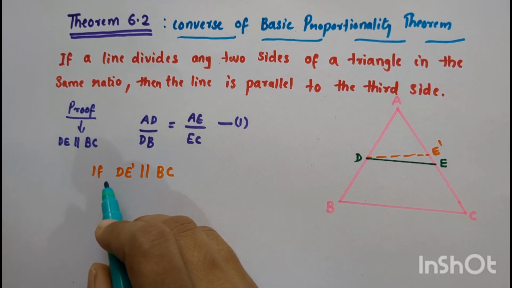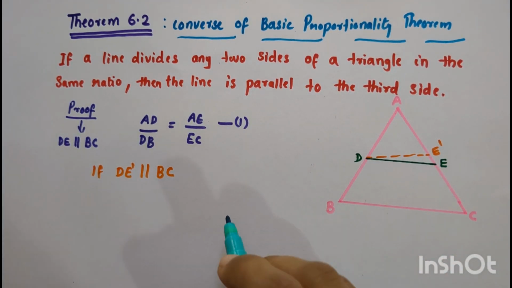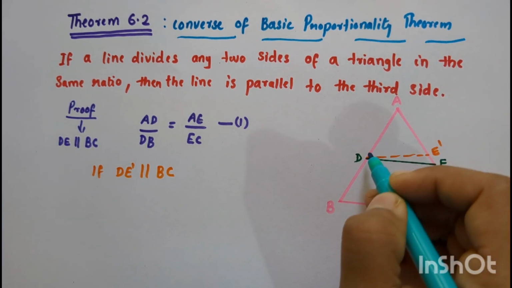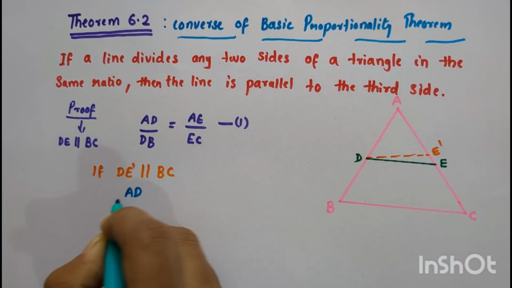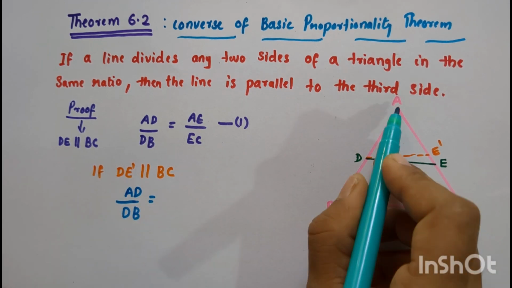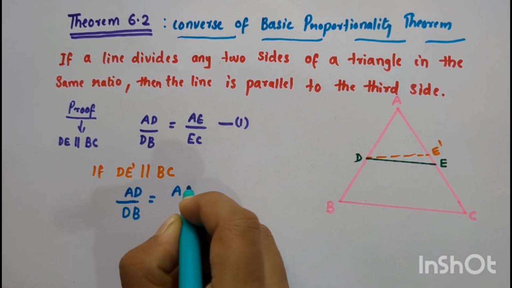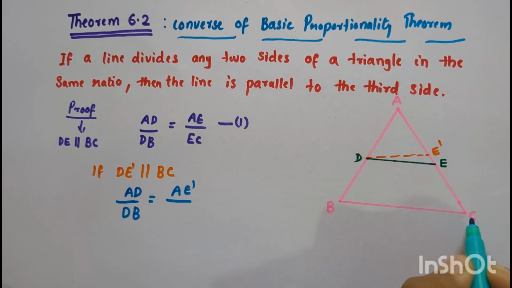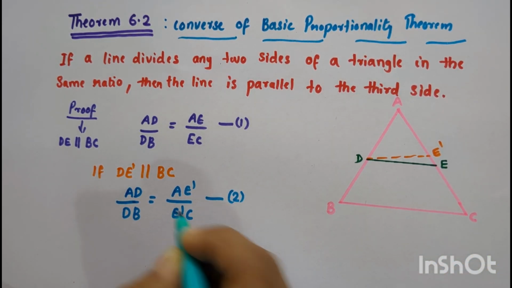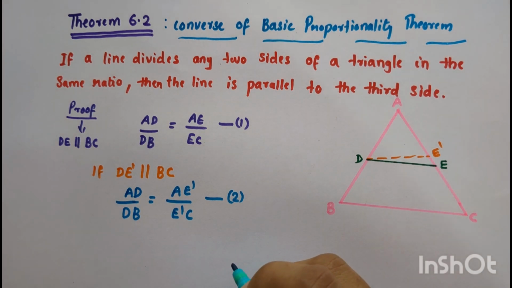That is, if DE dash is parallel to BC, from the basic proportionality theorem we can write AD divided by DB is equal to AE dash divided by E dash C. And I am taking this as equation number 2.